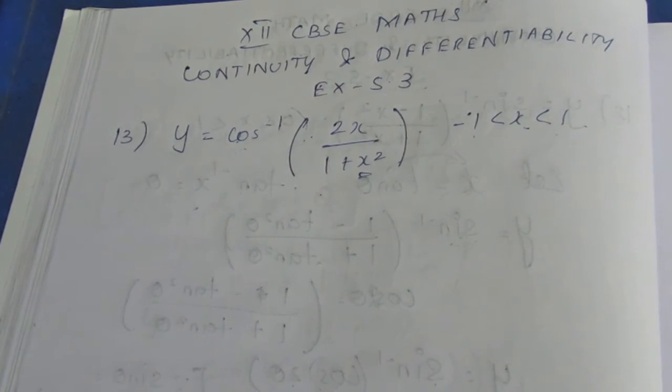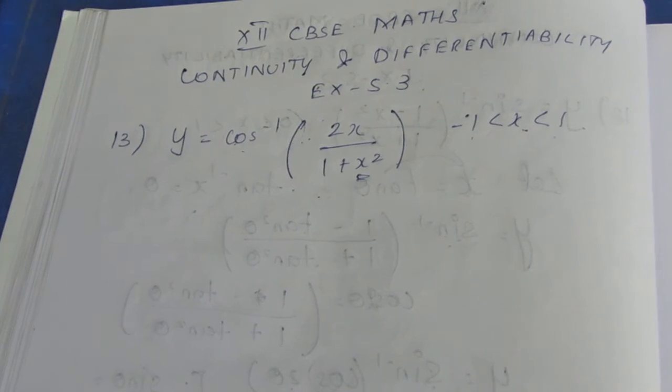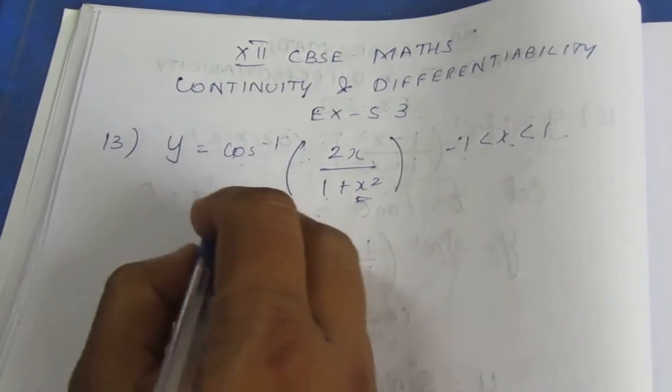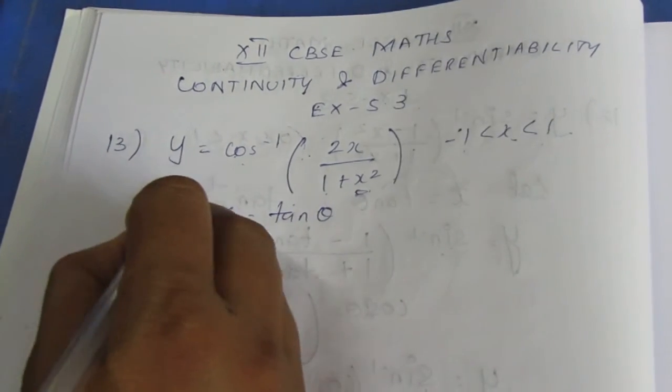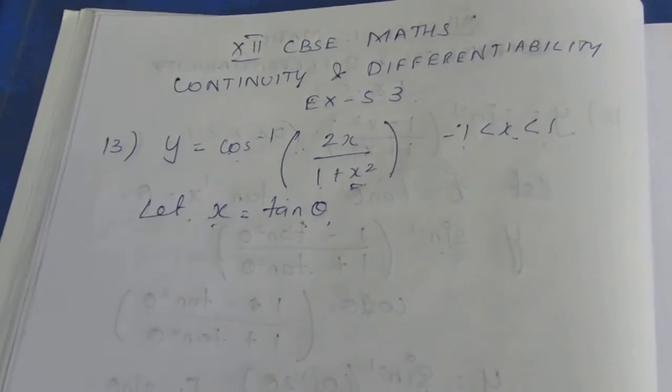Already we have seen the substitution values in trigonometry, and the same thing we are going to use here. In the place of x we need to substitute a different value. Since we have 1 plus x square, x can be tan theta. Let x is equal to tan theta.